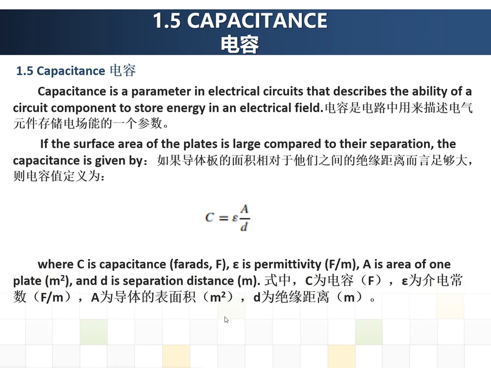The unit of C is farads. Epsilon is the permittivity. A is the area of one plate, in square meters, and D is the separation distance. The unit of D is meters.